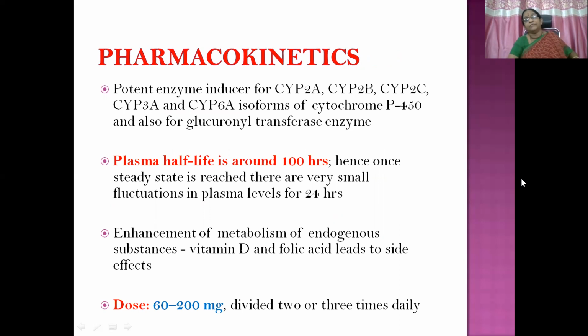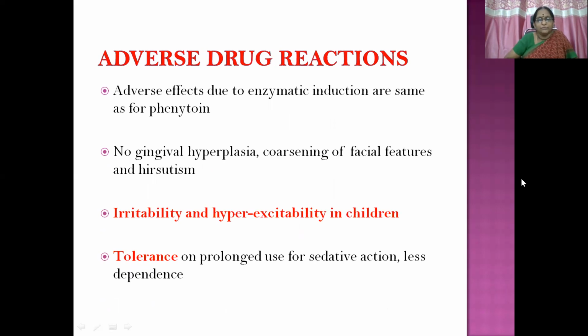And the half-life is very long. That is the main advantage. For OD administration, we can give about 100 hours. So steady state is reached, with very small fluctuations in plasma levels, and enhancement of metabolism of endogenous substances like vitamin D and folic acid. Dose is 60 to 200 mg divided into BD or TID.